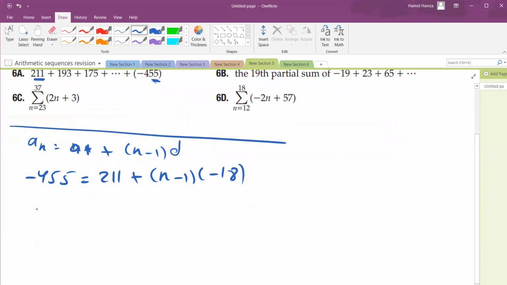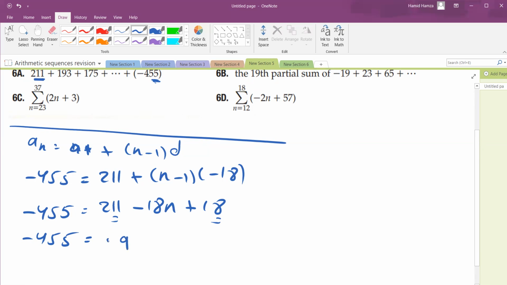So it will be negative 455 equals 211 minus 18n plus 18. Add this together: negative 455 equals 229 minus 18n. Let's take this to the other side.